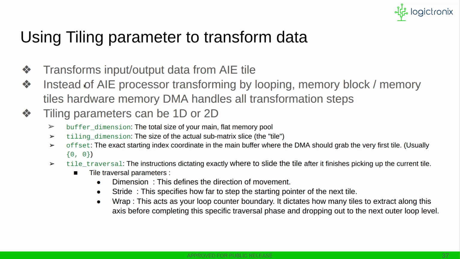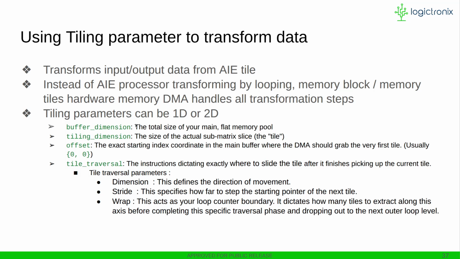But in case of the AI engine, you can use the tiling parameter, where hardware based memory DMA handles transform a certain kind of data memory into our required memory format. So you can convert the intermediate data into various formats and pass it further to the AI engine pipeline, or to the output side.